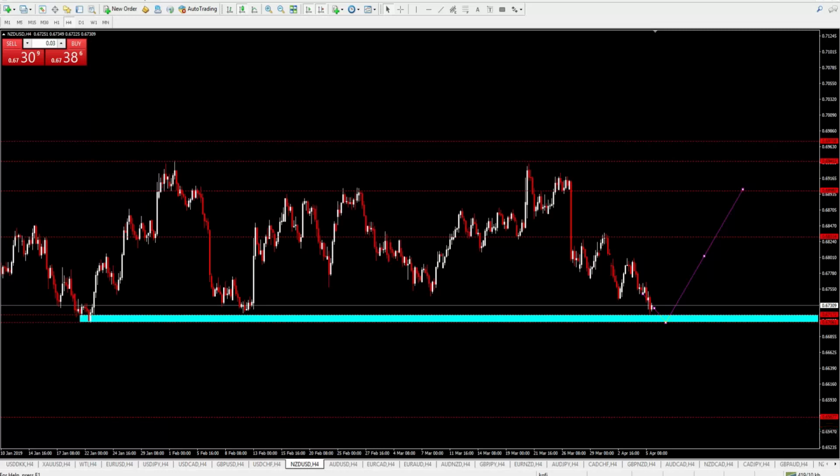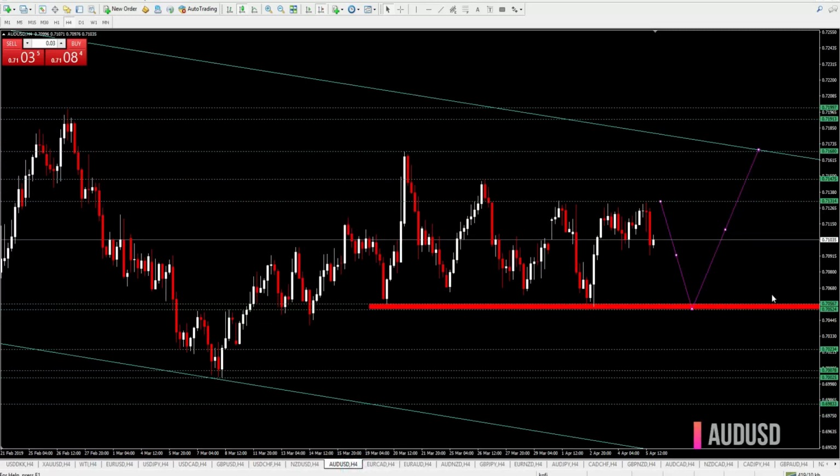AUD, we are still expecting a move. As you can see, I have a lot of support and resistance happening because of how the candles moved, how the market moved at different prices. We have a kind of double top here, so I'm expecting the market to push back to test this previous level, the resistance level.